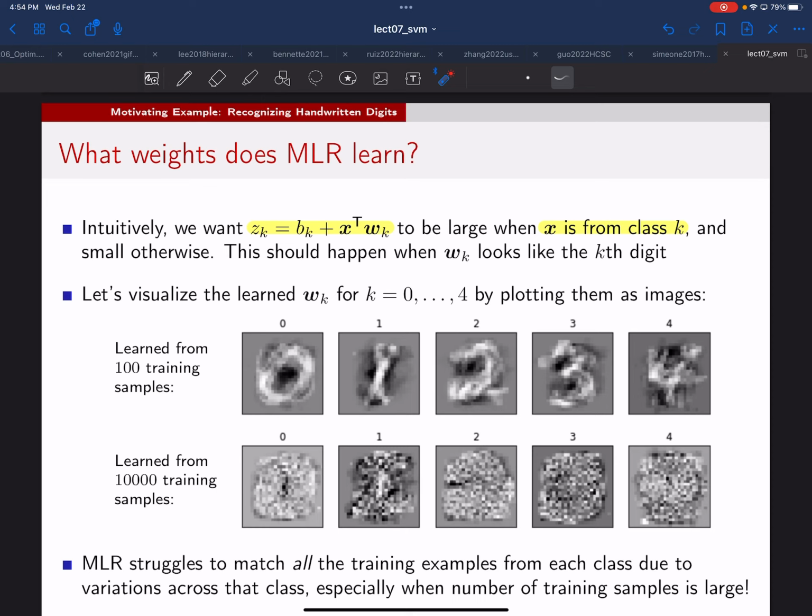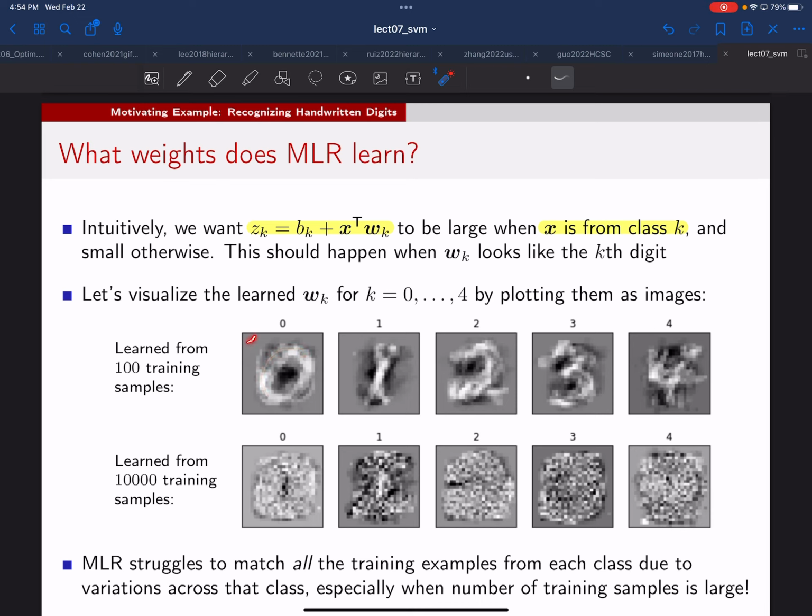So to figure out how MLR is working, we can look at the weight vectors that it learned, but let's not visualize them as a vector, let's reshape them into a matrix and look at them that way. Here's classes 0 through 4, just because I don't have space to plot all 10. This is what the weight vector looks like for class 0 if we only used 100 training samples. And as you look at it, it really does look more or less like a 0, right?